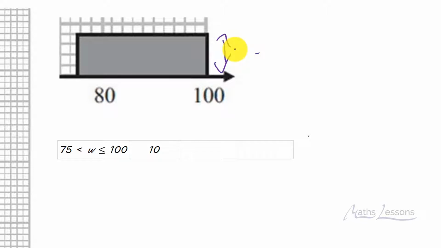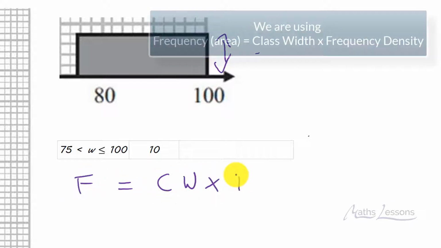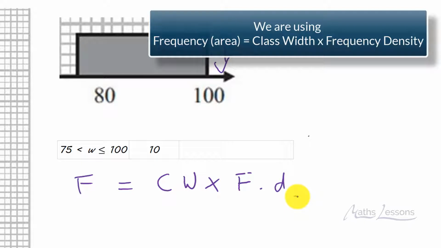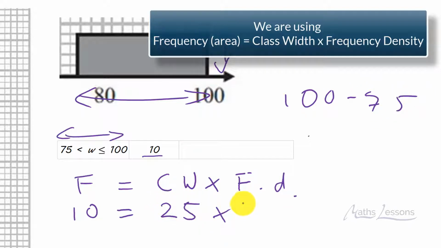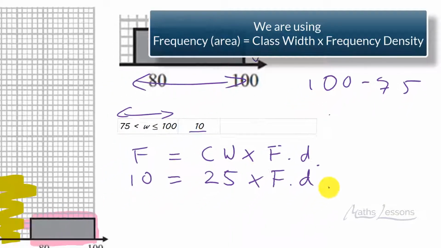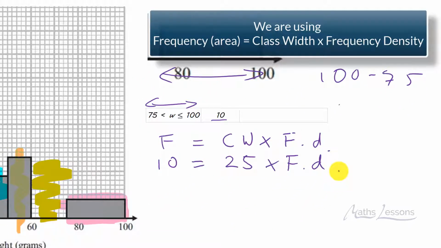So remembering that frequency is equal to the class width times the frequency density, we can see we have a frequency of 10 and we have a class width which is equal to 100 minus 75. So that class width is 25. Times that by frequency density and we get our equation.